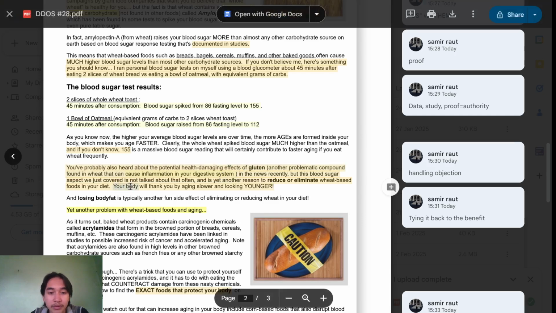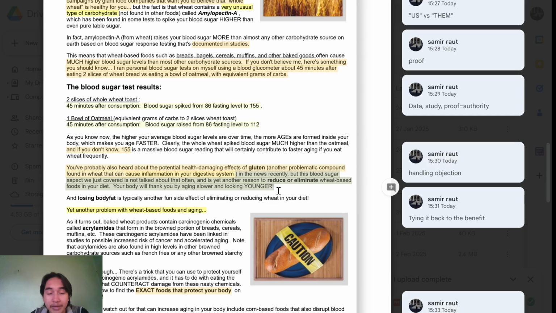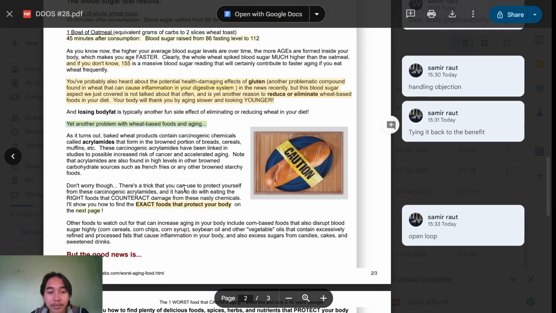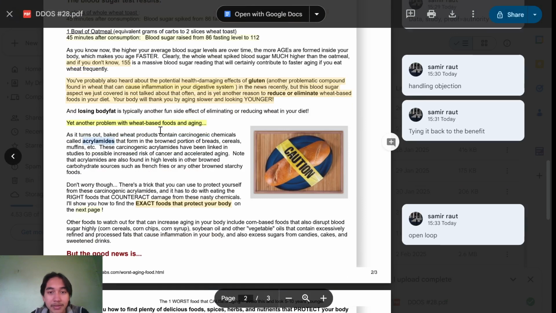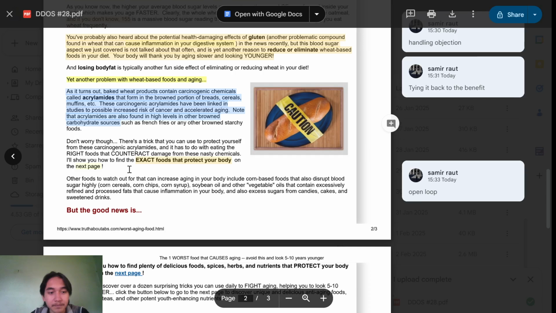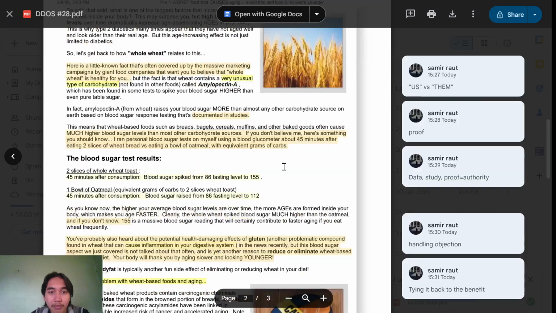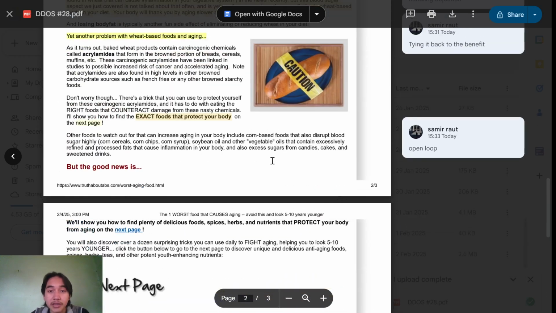But if you avoid this, you're gonna get a benefit that the reader does want. And there's also another problem to this. It has acrylamides, the brown portion, and because of this, there's a higher likelihood of getting cancers. So in order to avoid that, I'm gonna give you the foods that actually protect your body and fight the mechanism of the problem. Make sense? The bigger picture of the whole thing.